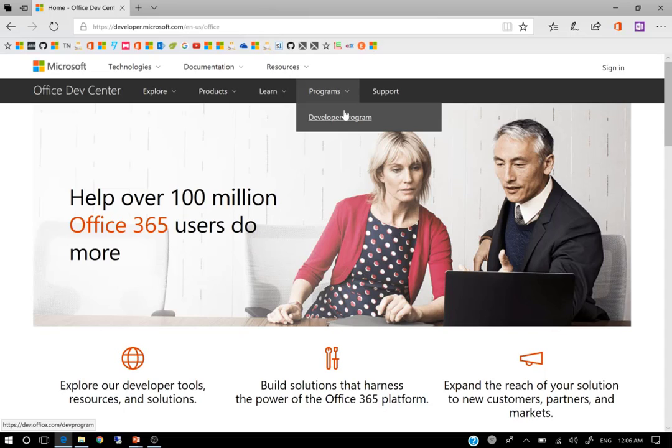The developer program will provide you a 365 days, basically a year, free subscription in Office 365 with a developer tenant, and you can test everything in that tenant and keep your code ready. Along with that, you will get information about what's happening in the Office 365 development world, and you will get some newsletters as well.